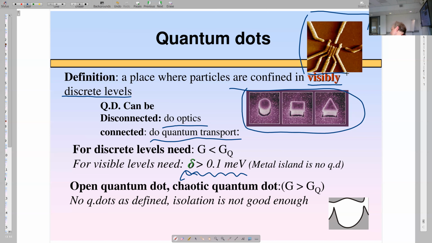Fine. Good. You're right. Well, these dots don't have visible anything which you could regard as leads. Both dots are made in semiconducting heterostructures. It's very flexible, I couldn't say material, perhaps a material, two-dimensional material.